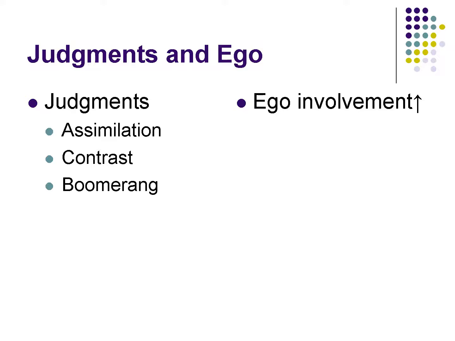Now, ego involvement. I want to talk about ego involvement literally side by side with judgments. Because as we're more ego involved, see the little arrow going up there, right? As we're more ego involved, we have a tendency to skew and distort those messages. Remember, I said judgments are based on perceptions of messages, where we perceive that message falls in the continuum. And as we're more ego involved, we're more likely to skew or distort what we heard.